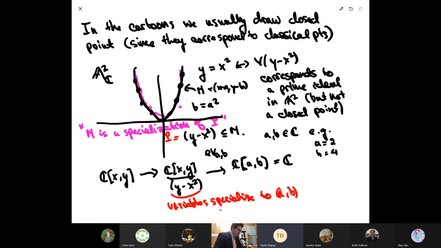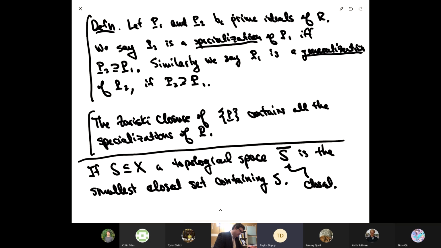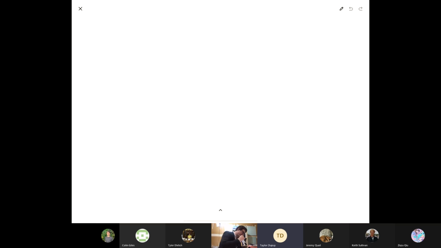So, I guess you can see that the closure of a maximal ideal is itself, right? V of M. Let's see how to do this. So the closure of M, here's a proof of this.